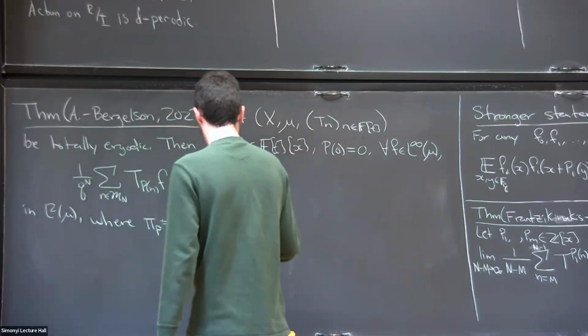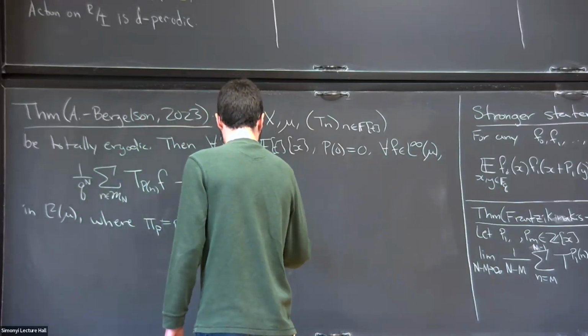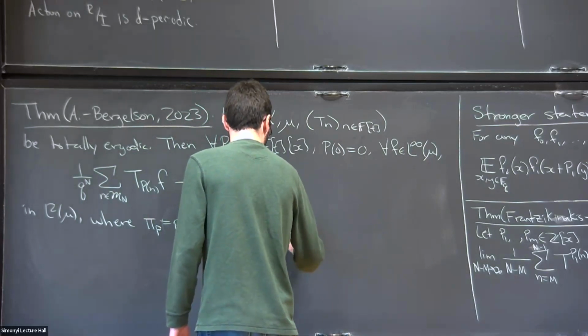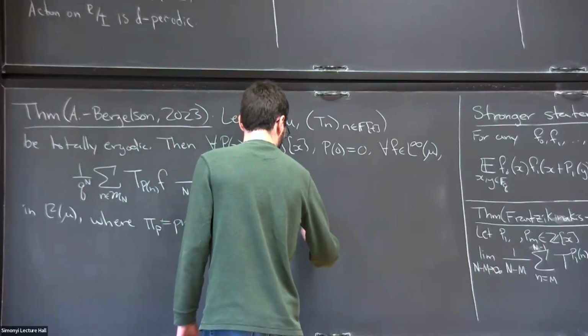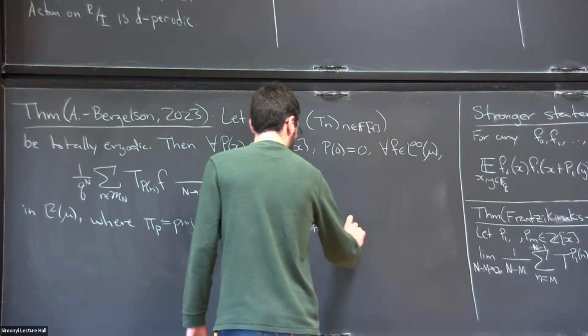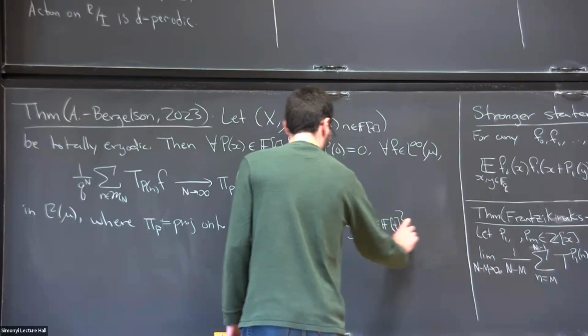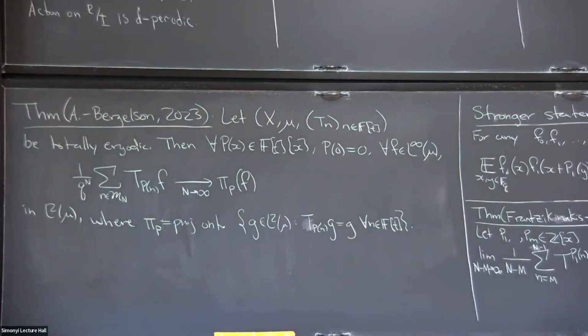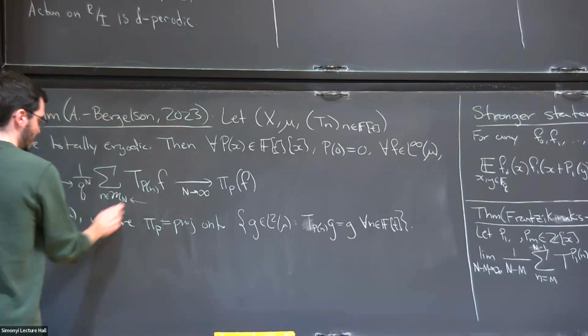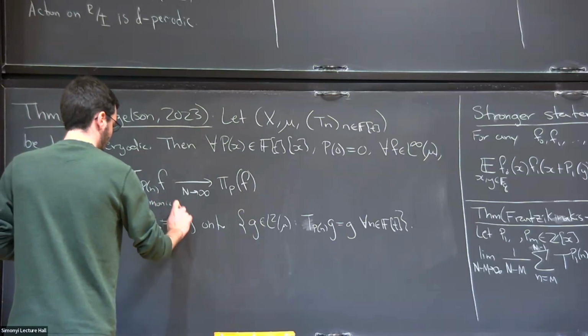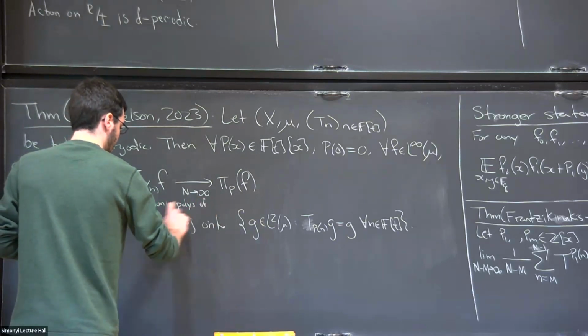Okay, so we're not going to get convergence to the integral of f. We're going to get convergence to a projection. So I should say what's going on with this average here. Also, Q here is the size of the field, and the sets I'm averaging over are monic polynomials of degree n.